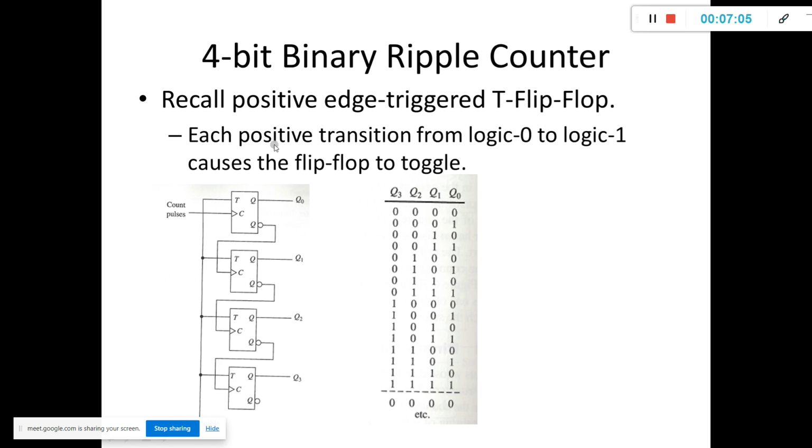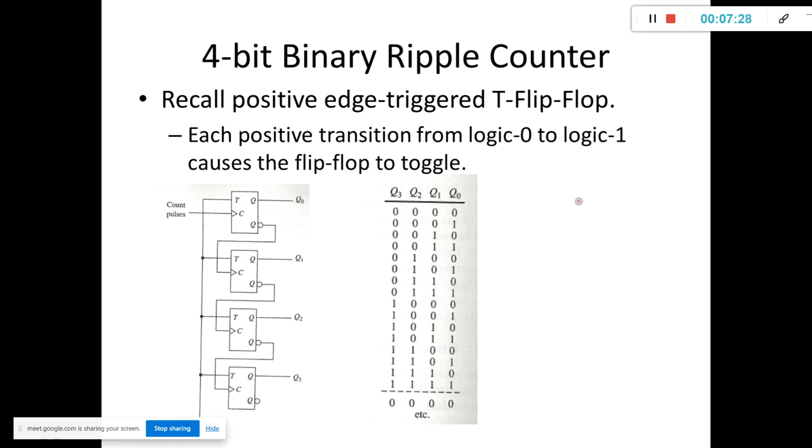So next, coming to a very important part, the 4-bit binary ripple counter. Recall the positive edge triggered T flip-flop. We have already studied the T flip-flop in the previous class. Each positive transition from logic 0 to logic 1 causes the flip-flop to toggle.